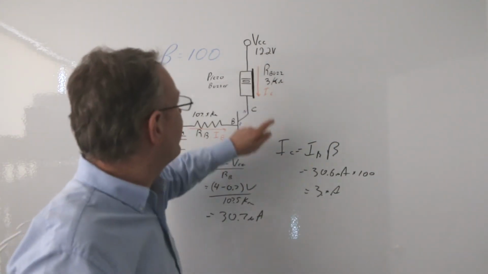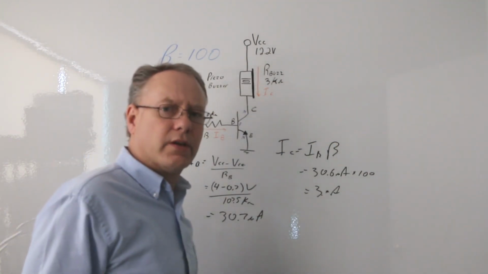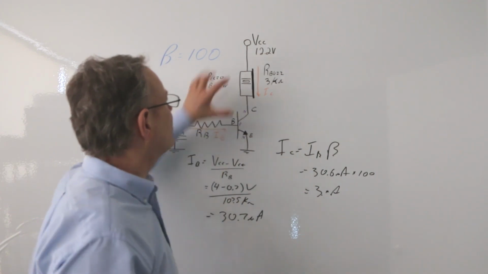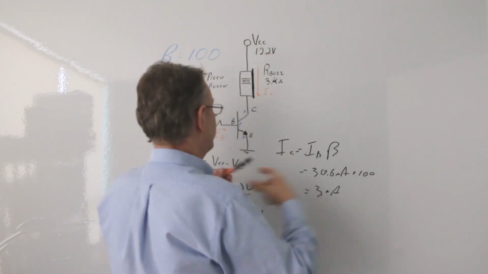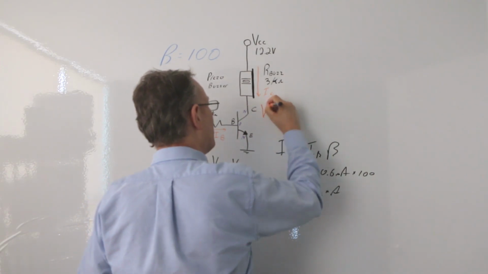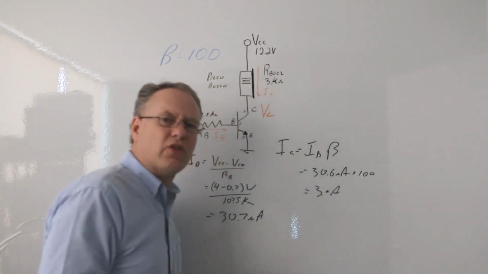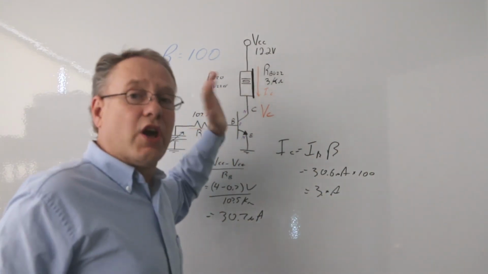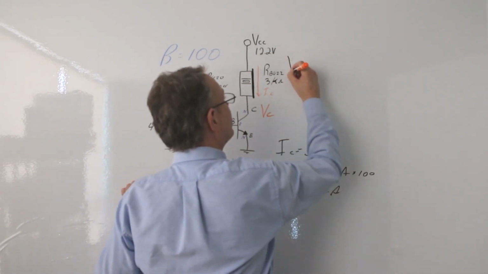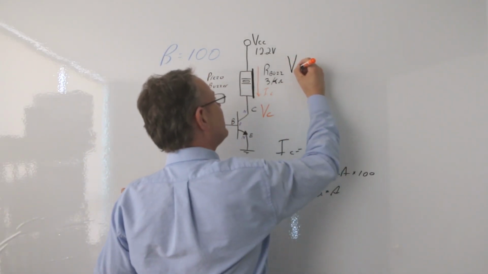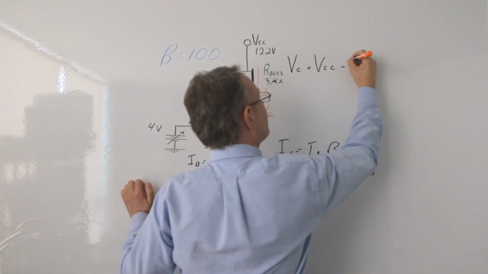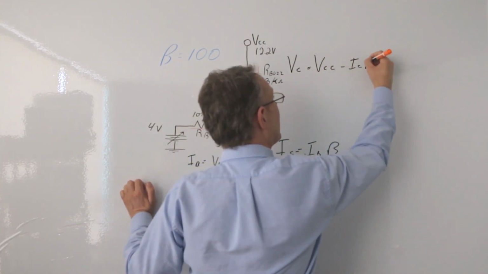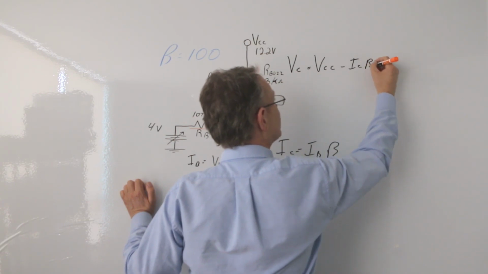Now, with 3 milliamps going through here, I want to calculate the voltage drop across this to see how much is left there. I want to know what my VC is, the voltage there. So I'm going to go back to this formula over here that you may remember: VC equals VCC minus IC times RC. In this case, my RC is my buzzer.